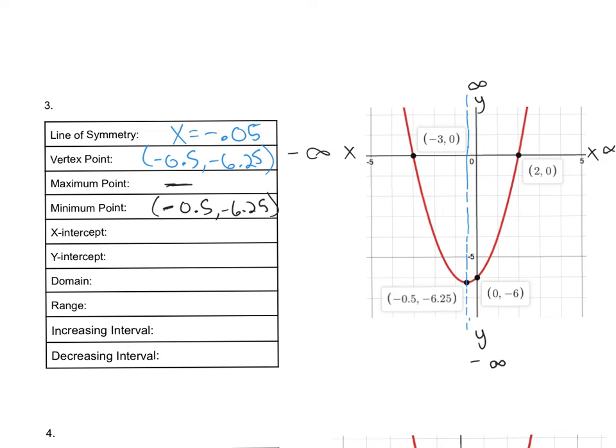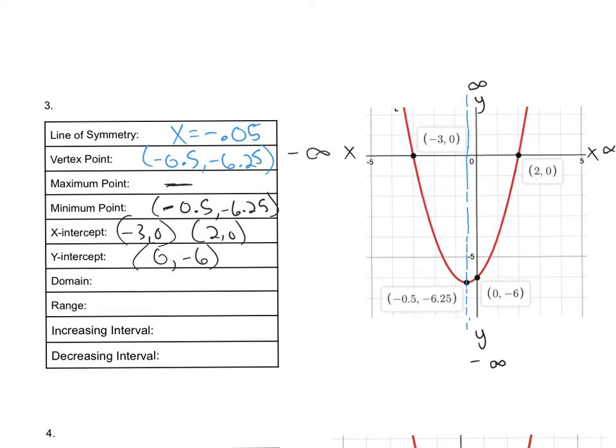So our x-intercepts are negative 3, 0, and 2, 0. The y-intercept being located at 0, negative 6. So just notice that for your x-intercepts, your y value should always be 0. For your y-intercepts, your x value should always be 0.